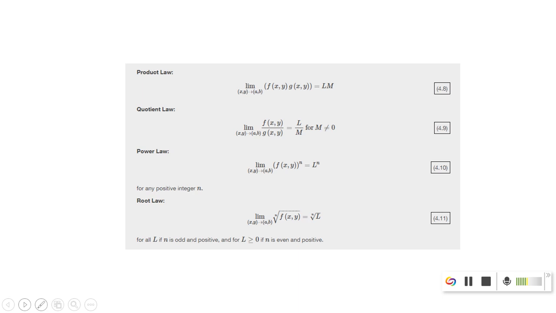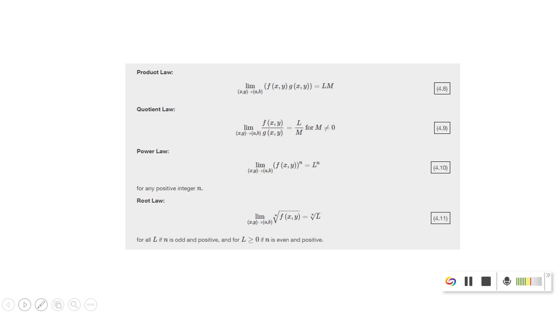We can just plug the numbers in and see what we get. The only time that's not going to work is if we end up getting something that's indeterminate. Those indeterminate forms are 0 over 0 or infinity over infinity. There are some other indeterminate forms you've probably learned as well, and those apply here. But we're going to just focus on the 0 over 0, infinity over infinity for now.